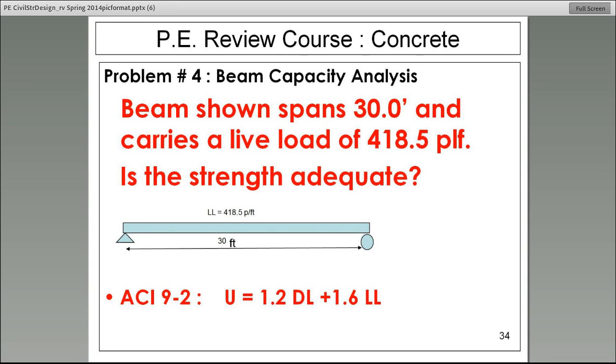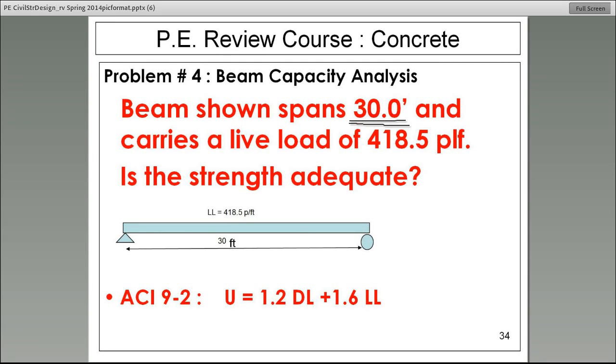But to some degree, and I will show you to some level, you need to be familiar with it for the morning exam as well. All right? So they give you a beam. This is actually pretty close to the kinds of problems you might see.